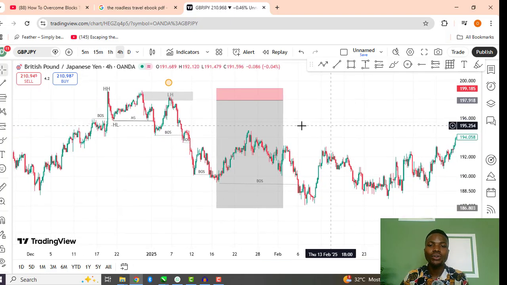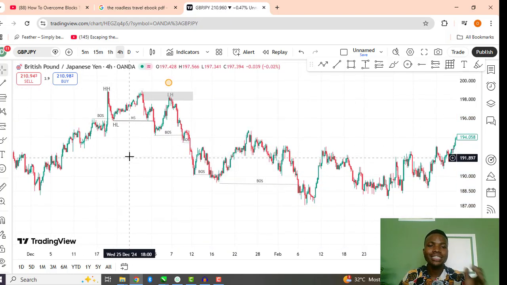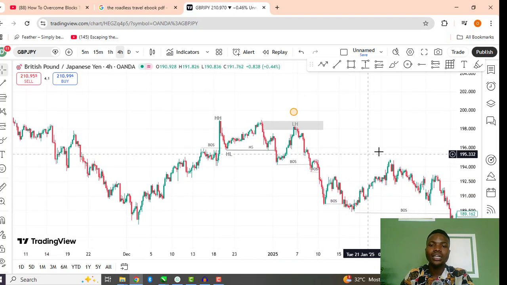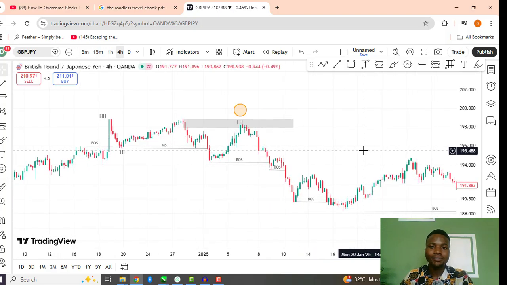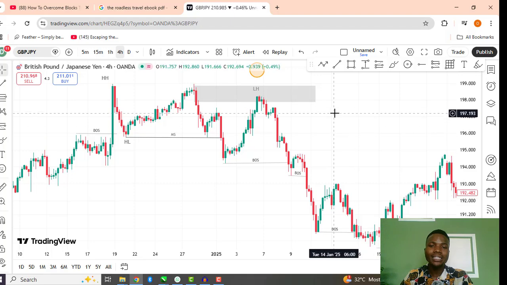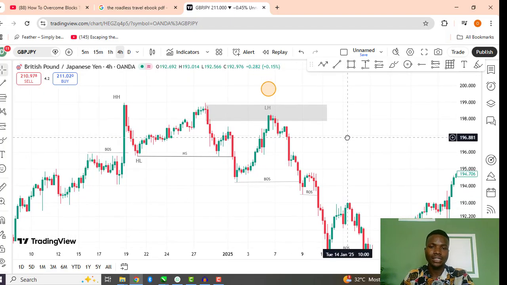This is just a simple analogy, because what I'm teaching you right now is identifying supply and demand, and it is a very easy concept to understand.